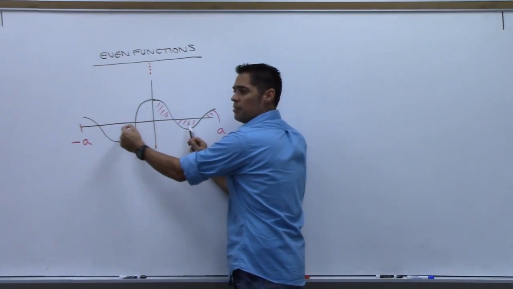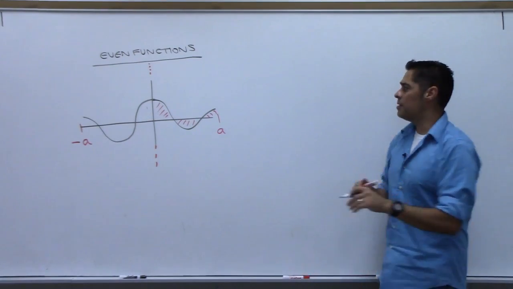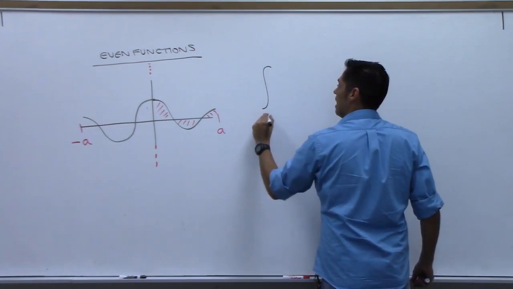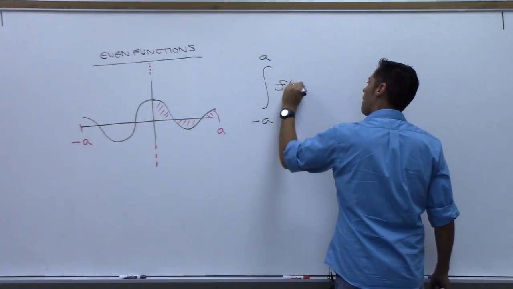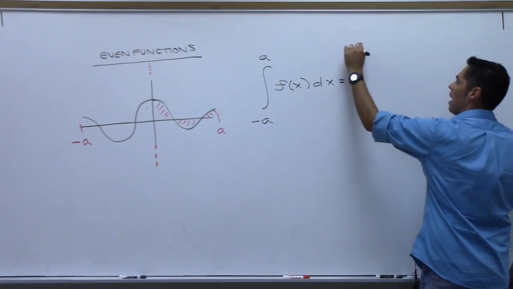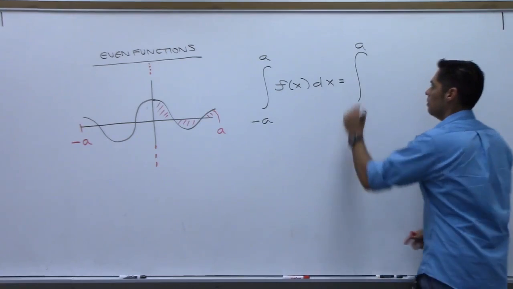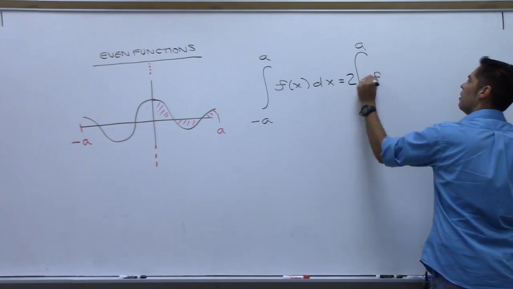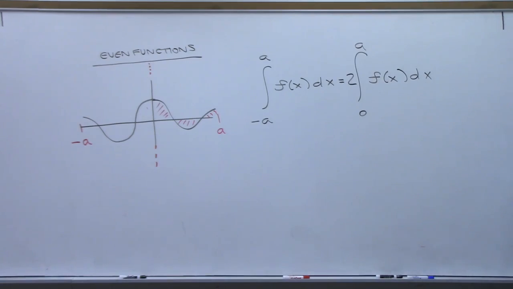So that's what that property says. If you want to integrate an even function only from negative a to a, instead you can just go from 0 to a and double the answer. Make sense? That you could do that? Okay.